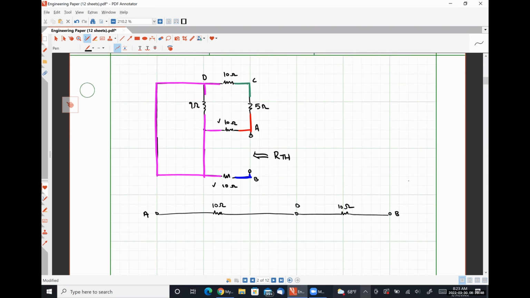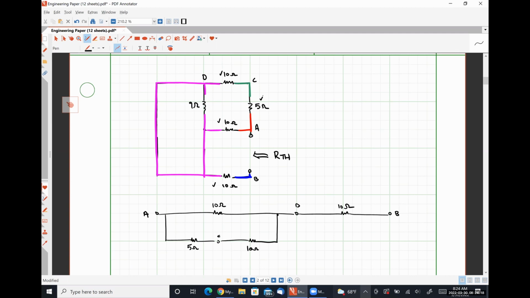Or I can go from A to D passing through node C. So from A to C is my 5 ohm resistor. From C to D is my top right 10 ohm resistor. And I've taken into account this guy and this guy.